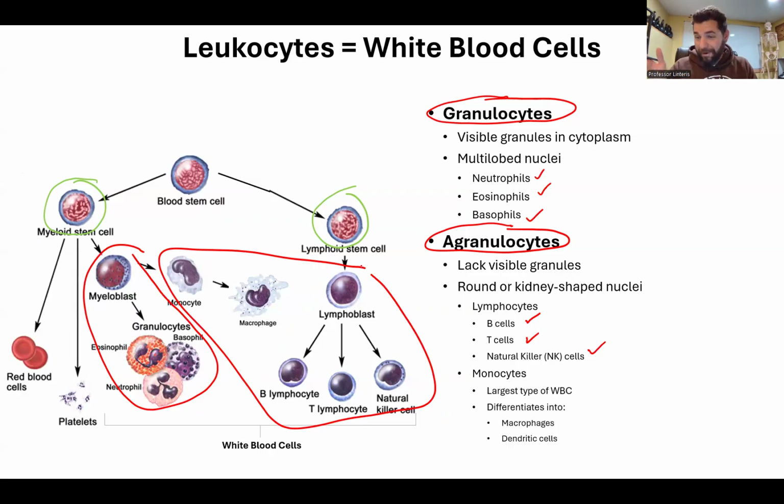Because monocytes don't have granules, right? And they're the largest ones, and they have two different subcategories, and we'll show this on a different slide: macrophages and dendritic cells. These guys are very good at strolling around and phagocytizing things and eating up bacteria and a bunch of other stuff that we will talk about.